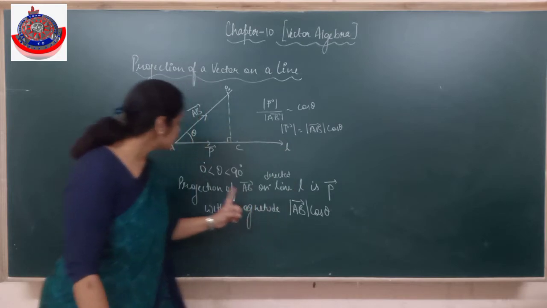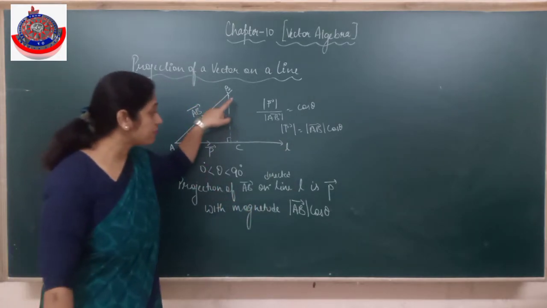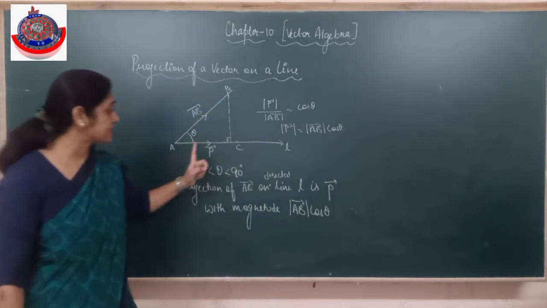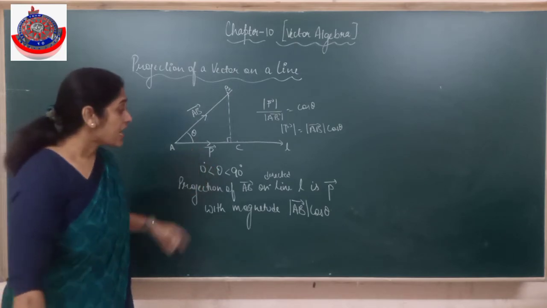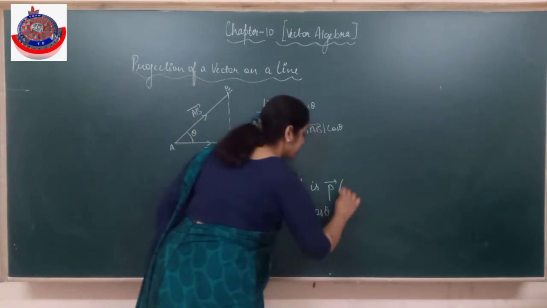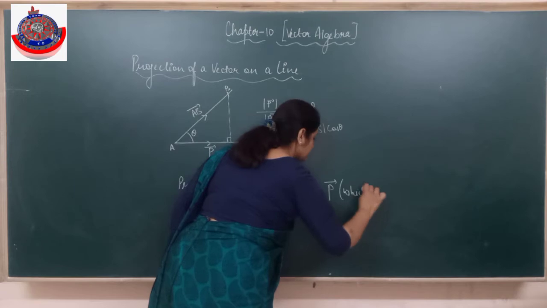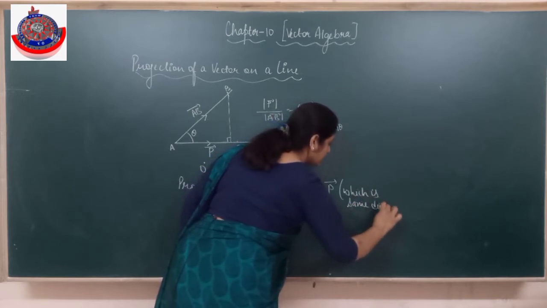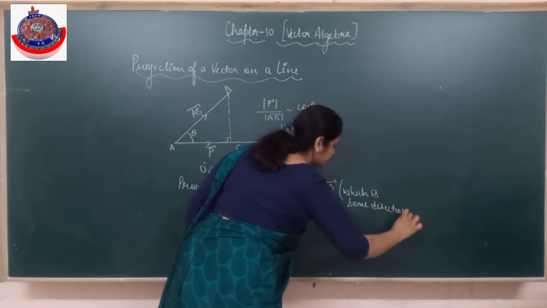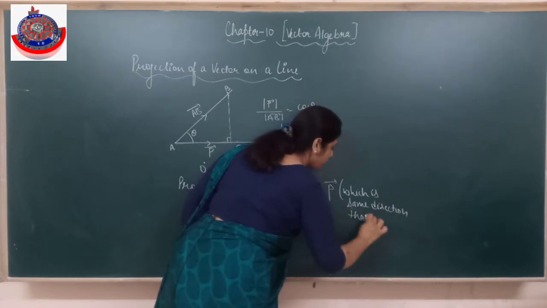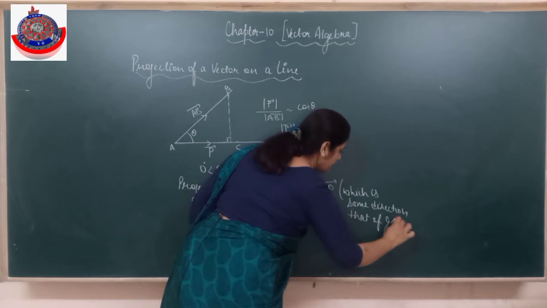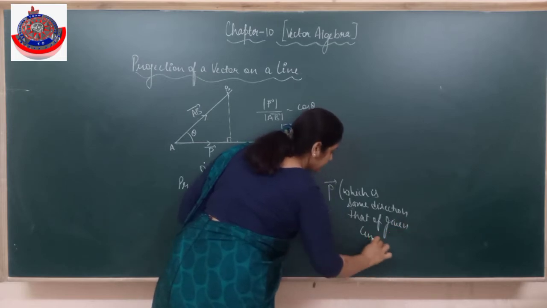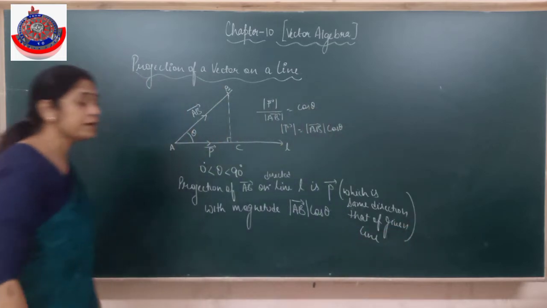Alright. So the projection of AB vector on line L is vector P, which is in the same direction as that of the given line. Clear?